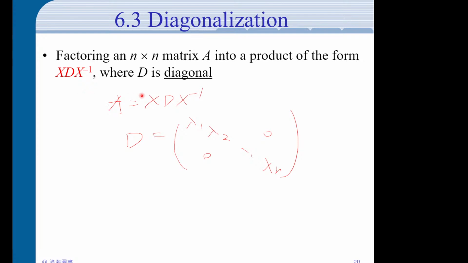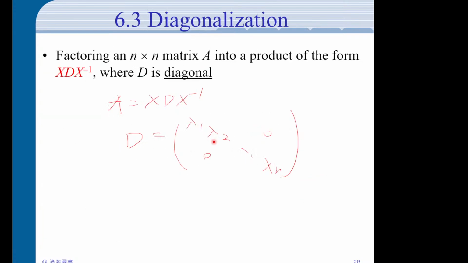B is similar to A, so A is also similar to B. So we want to find a diagonal matrix similar to A, and we write it as D: A equals X D X inverse for some matrix X. As we said, A and D are similar, so they have the same eigenvalues, but D is diagonal. That means the diagonal entries are all the eigenvalues of A. Diagonalization is sometimes possible, sometimes not.